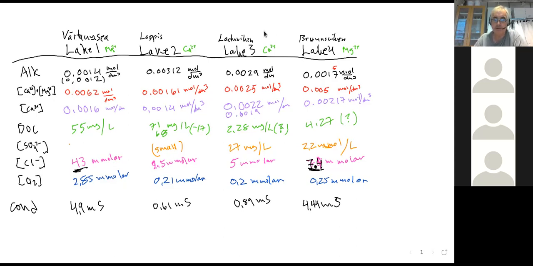Yeah, but these are quite similar to my random memory values. They're low in the freshwater and quite much higher in the Värtan and Brunnsviken water. 10 times higher, not exactly 10, but an order of magnitude approximately.